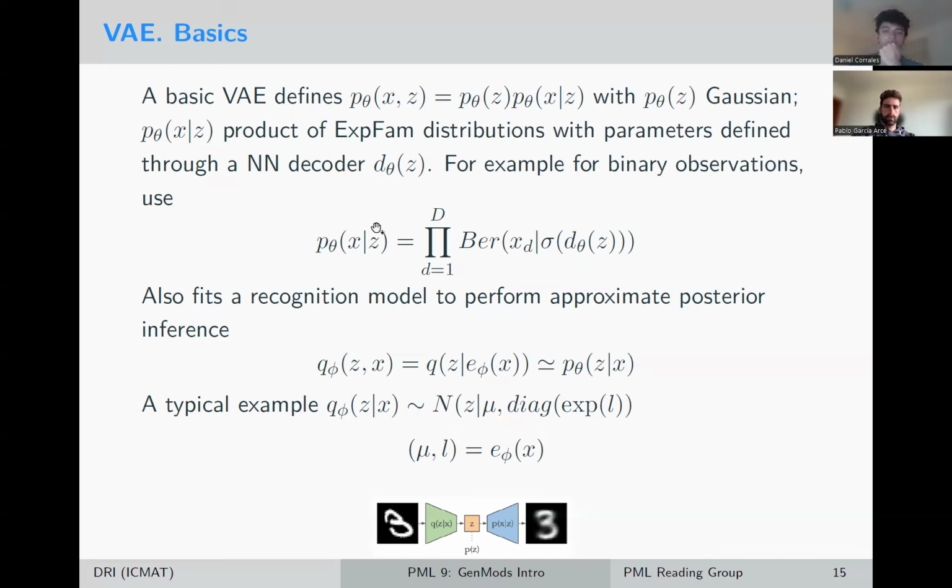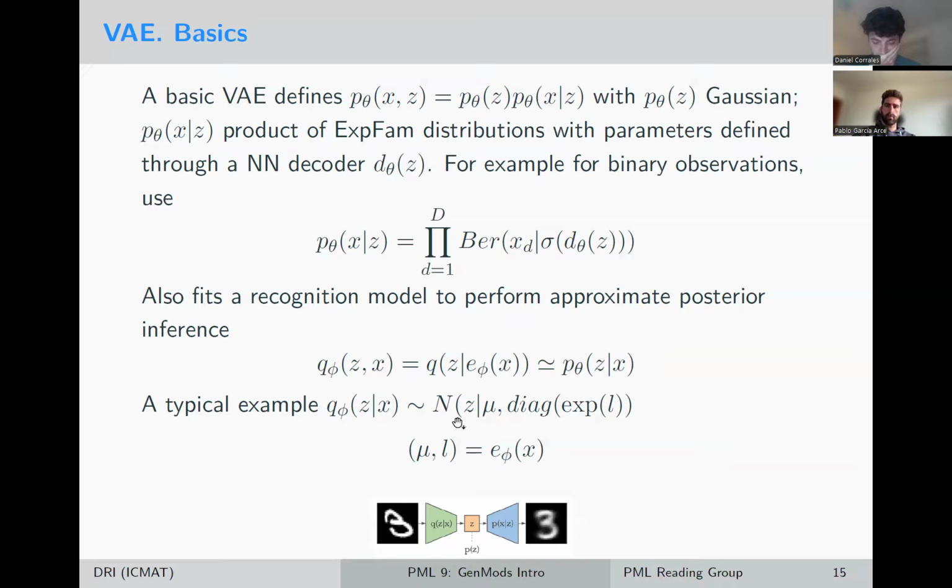In parallel to this decoder, we need a recognition model, which tries to fit the target distribution, the target posterior. So we use this to approximate the target posterior.